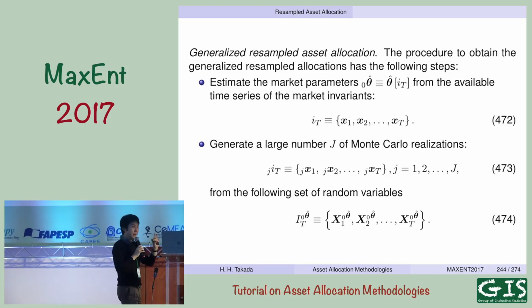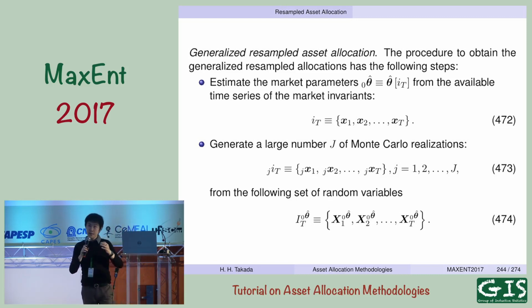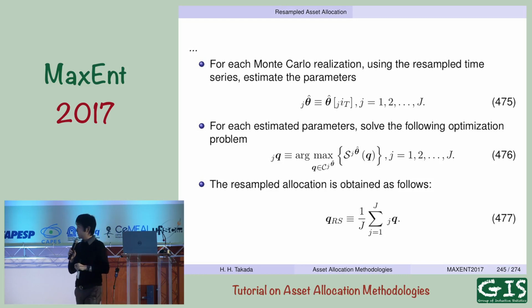Then after estimating the market parameters, you generate several sequences of observations of market invariants, and for each observation, you estimate the market parameters. So in this case, we are again considering the sequence of market invariants as a random variable. So for each realization, we have an estimation for theta, theta hat j, so several ones.